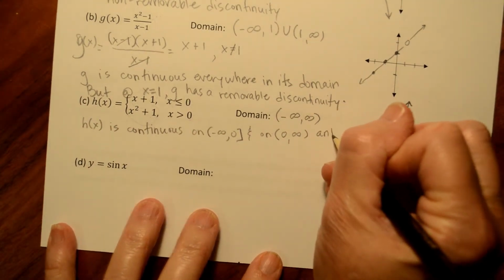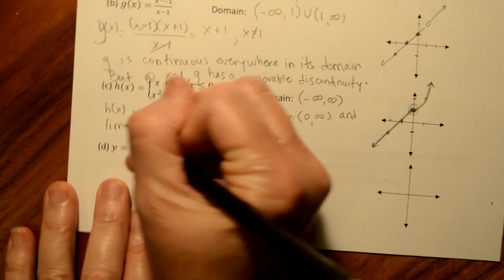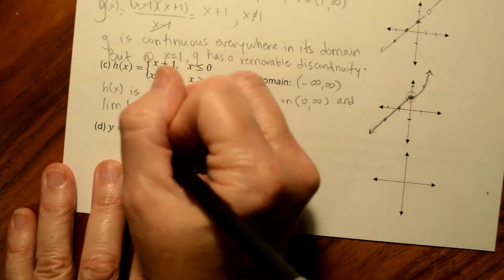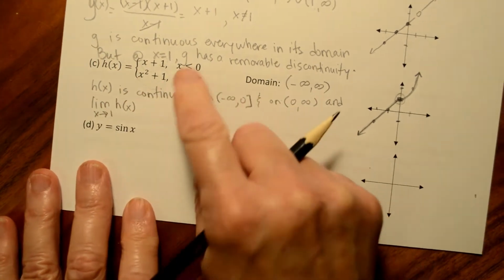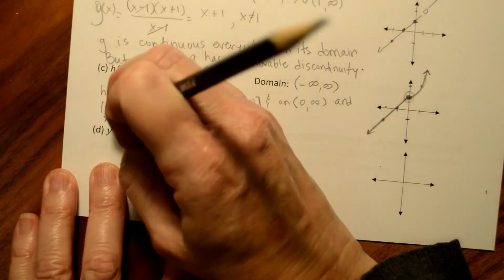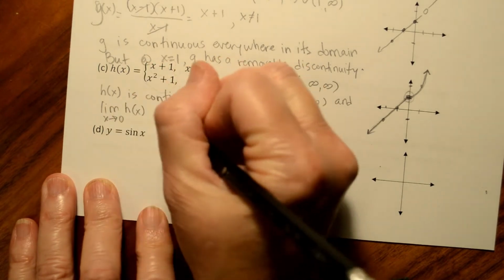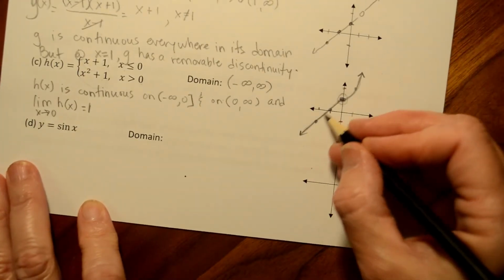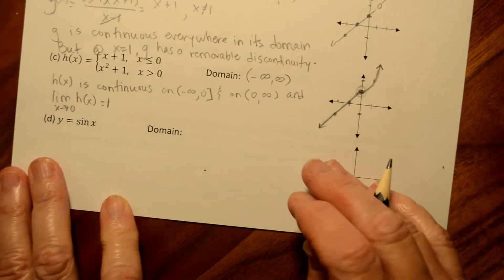And the limit of h of x as x is approaching 1, our 0, our questionable spot, equals 1 from both directions. So as we come from here, it's 1. As we come from here, it's 1.